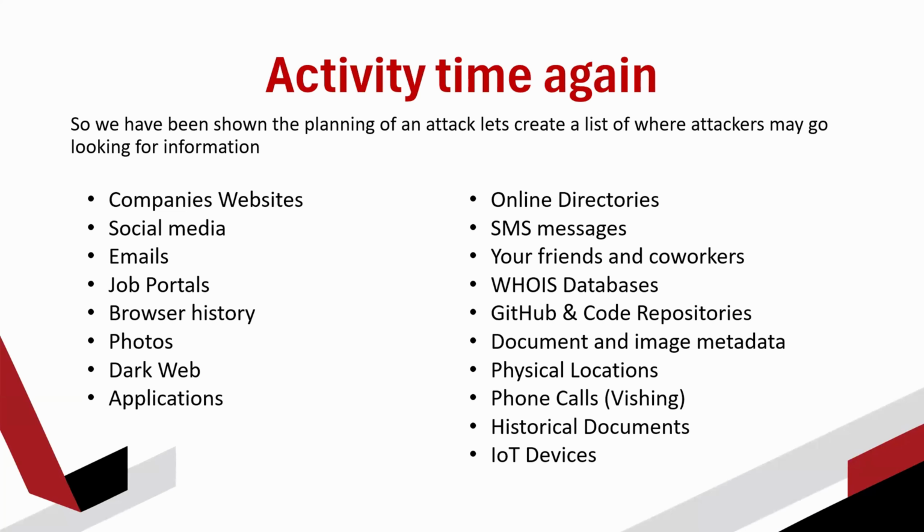I can physically sit outside and monitor your locations. Phone calls, which is phishing. Historical documents. IoT devices, so devices that are in your network. If we can gain access to what devices are actually in your network, then we can maybe find a soft spot and use that to find out information about you.